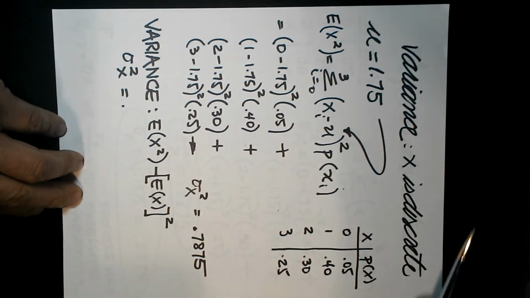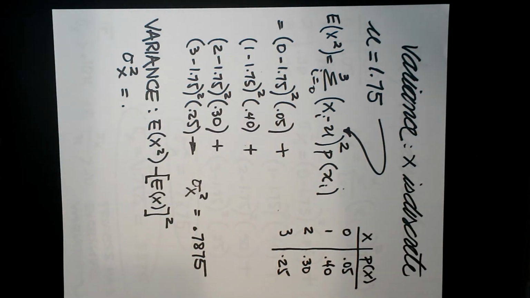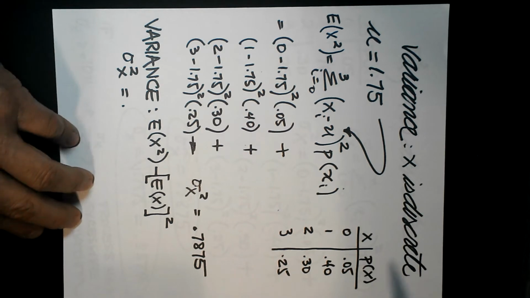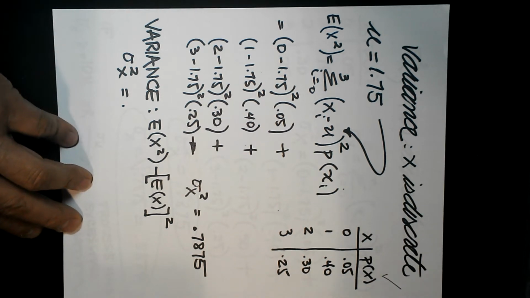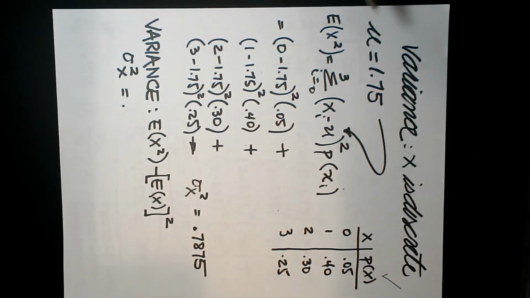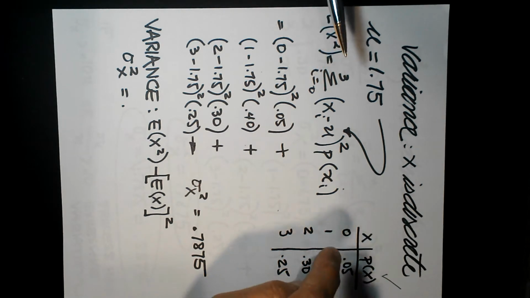Now, how do we find the variance? Here's the table again. Now, we are not finding the expected value of x squared. It's not the variance yet. To do that, we're going to add the entire table.